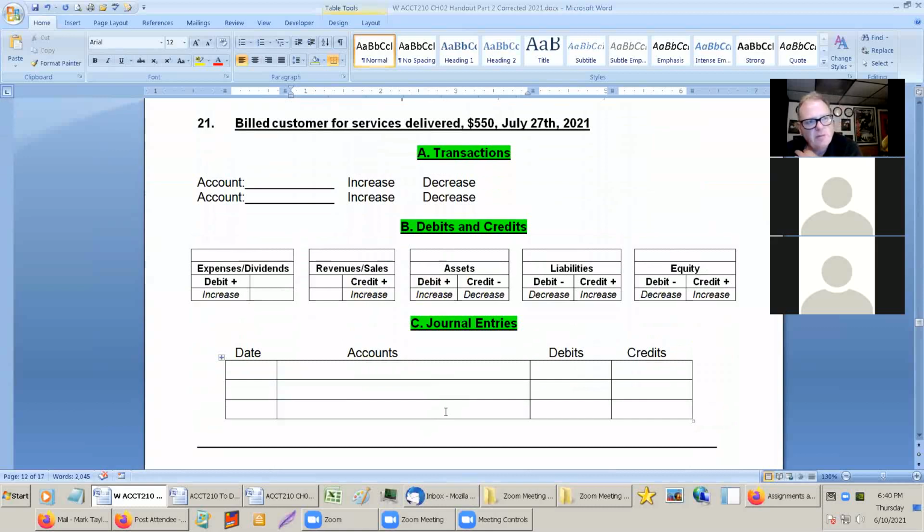This one is a little bit tricky. We bill the customer. So that's accounts receivable. Yes, that's exactly what it is. If we bill them, obviously they haven't paid yet, so it'd be the accounts receivable.